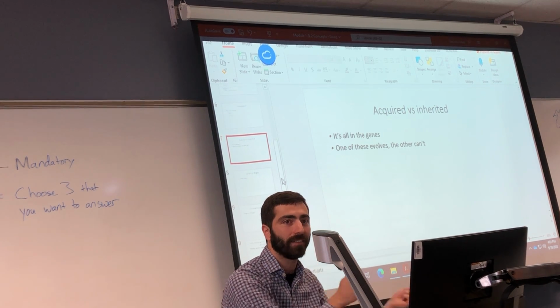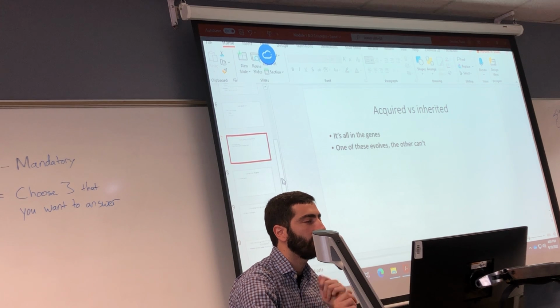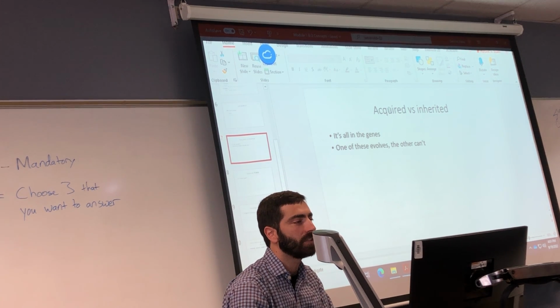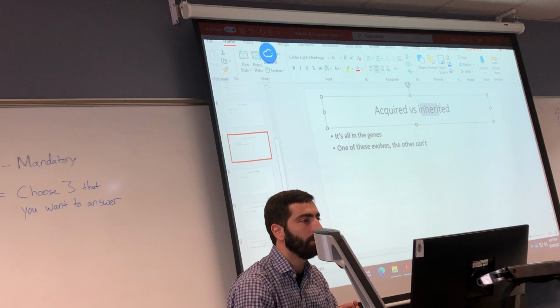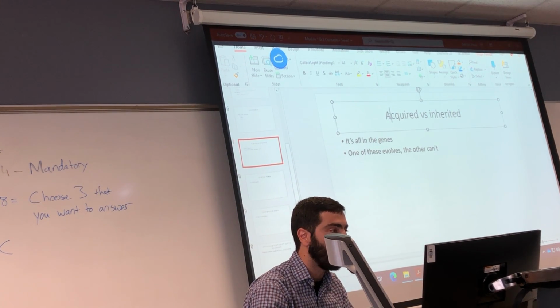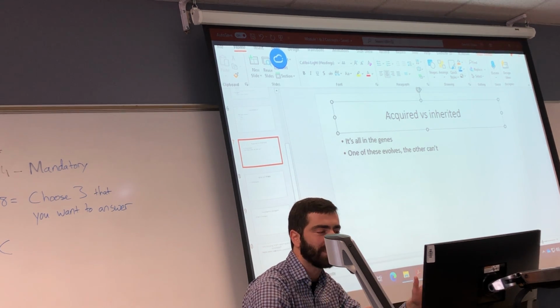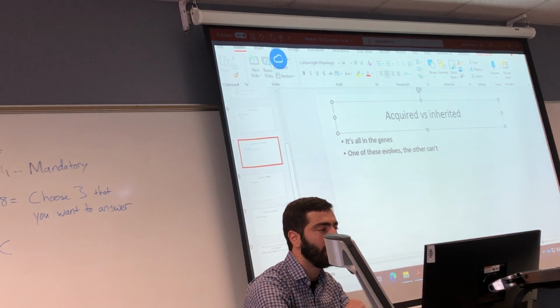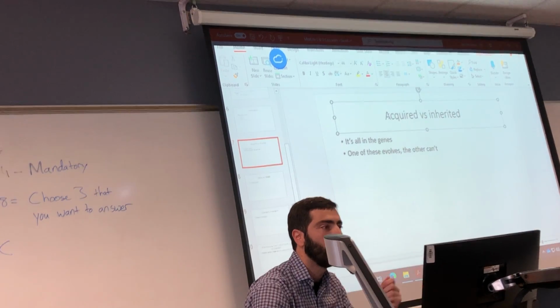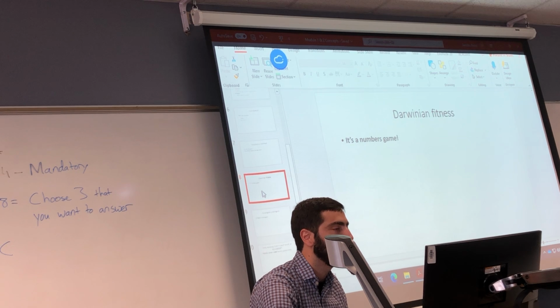You have to inherit those genes in some way. So acquired versus inherited: if you see the word acquire, you should think this isn't necessarily about the giraffe itself. This is a question about how evolution occurs through inheritance, right?